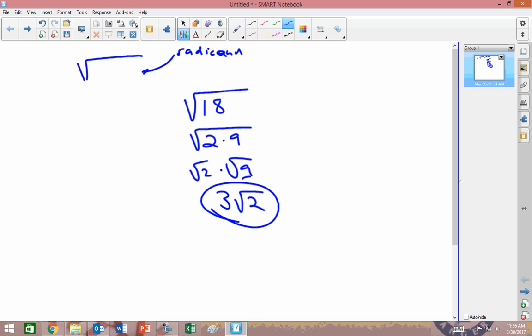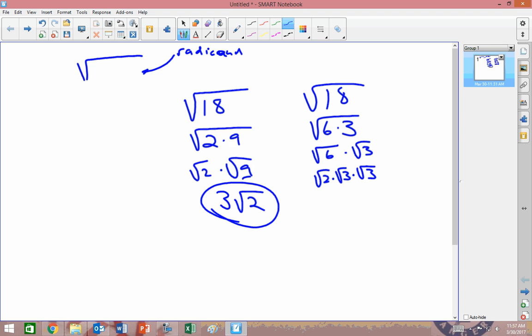So let's look at this. If I have the square root of 18, what if I picked a different set of factors? What if I picked the square root of 6 times 3? 6 can be factored out. So what I have here is the square root of 6 times the square root of 3. And here I have the square root of 2 times the square root of 3 times the square root of 3.